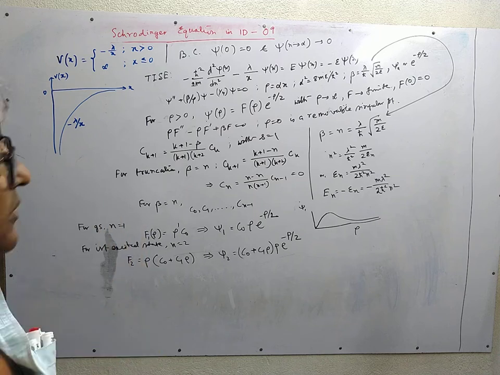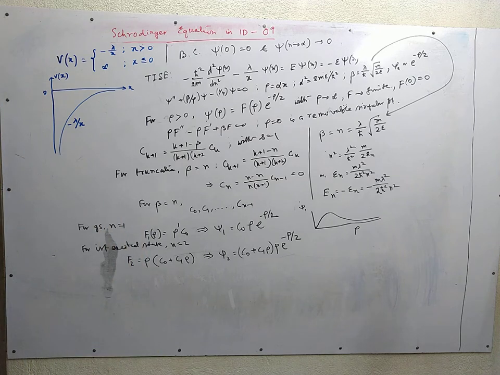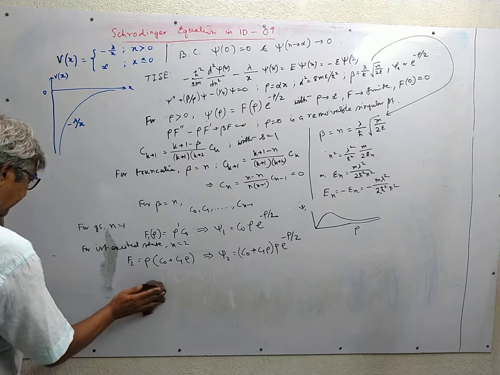This is a very simple problem of the general category that we have considered here. But this problem can also be solved, if our aim is to find the ground state wave function and the energy, without going through such a complicated procedure. We can find the solution most simply from physical reasoning.